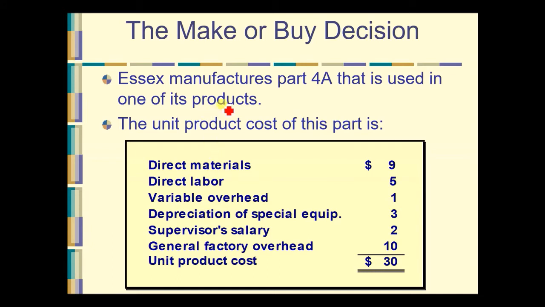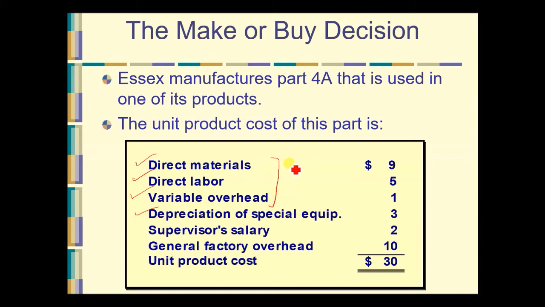So Essex manufactures part 4A that is used in one of its products. The unit product cost of this part is, so there is some direct material, there is some direct labor and variable overhead. So these are all direct costs. Then there is some depreciation of special equipment.